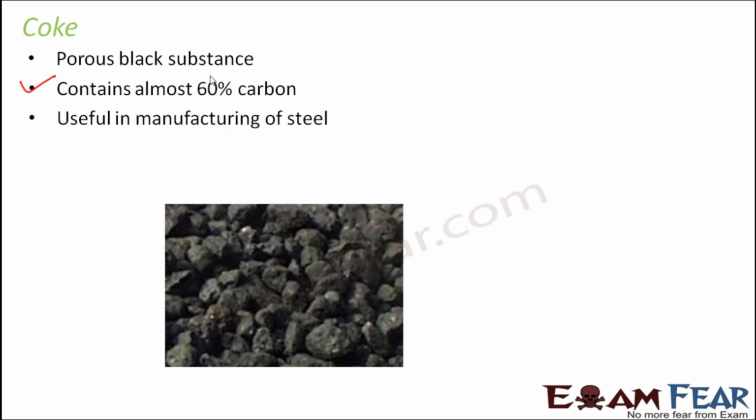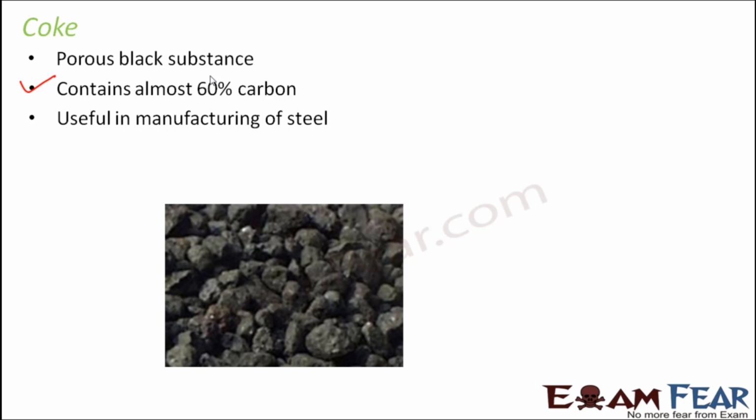So when coke is formed from coal, whatever components produce a lot of smoke and cause air pollution are removed. Therefore coke is basically cleaner when compared to coal. When you burn coke, the air pollution is less. So coke is a cleaner fuel when compared to coal.